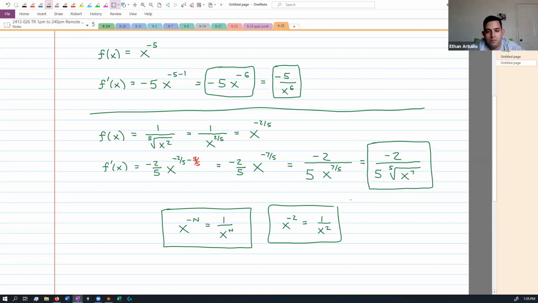Would you recommend getting really comfortable with those different ways of representing those exponents? I would definitely not steer away from it. I mean, you won't be dead in the water if you can't do it, you know what I'm saying?